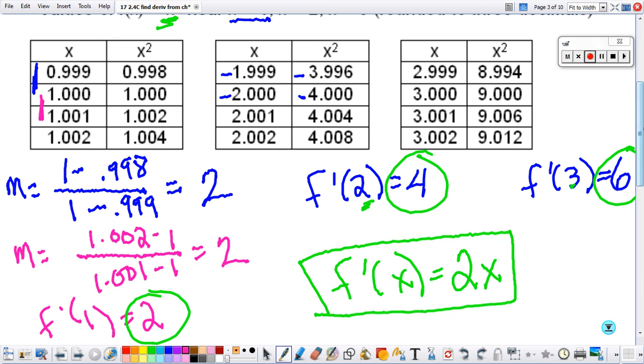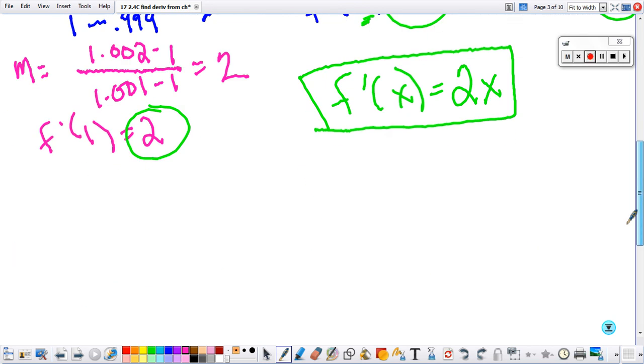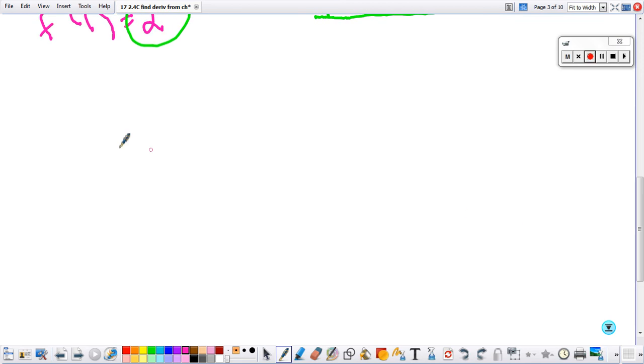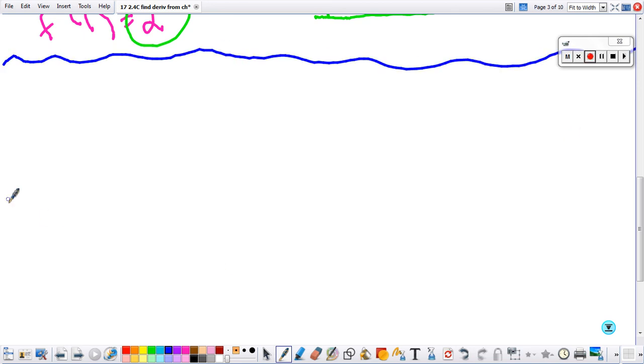So we can actually develop this 2x algebraically instead of looking for a pattern. I'm horrible at patterns. I'm not very good at seeing them. I don't like them. I would much rather go through an algebra process. So if you recall from our last unit, we found the derivative at any x value, but we actually used a number for a.